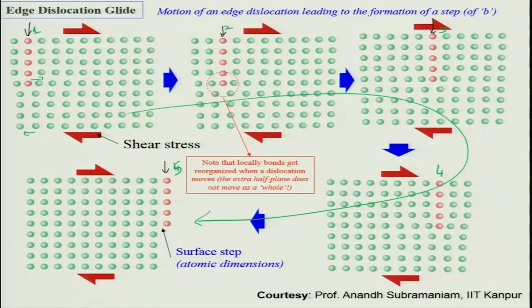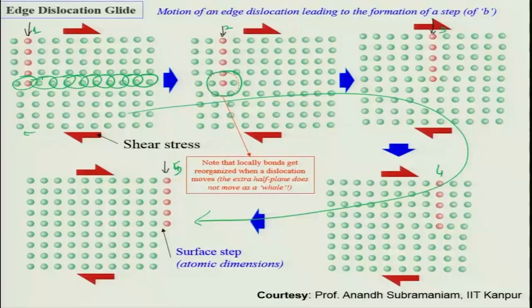Basically, when the dislocation moves, initially it had bonds with these two atoms, then it creates bonds with these two atoms, then it will create bonds with these and these. Essentially, it needs to break bonds with one of the atoms. These bonds locally get reorganized when the extra half plane appears to be moving.